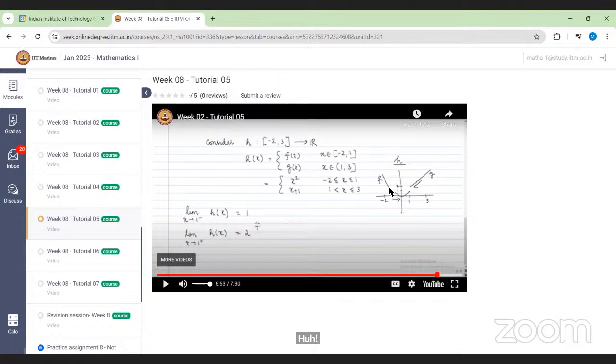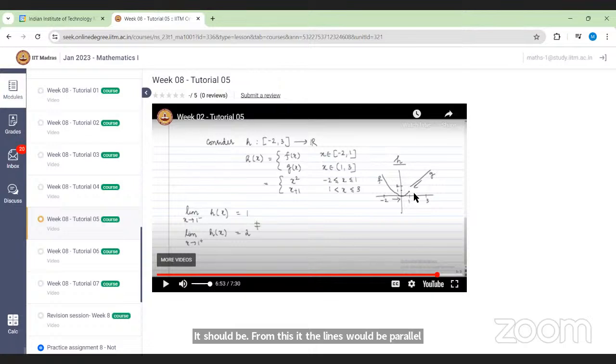But here, from the left hand side of 1, if you approach, then your h of x is actually behaving like x plus 1, right? Ma'am, I got that, but the way it is being approached towards 1 is my doubt. The line should be parallel to the x-axis.